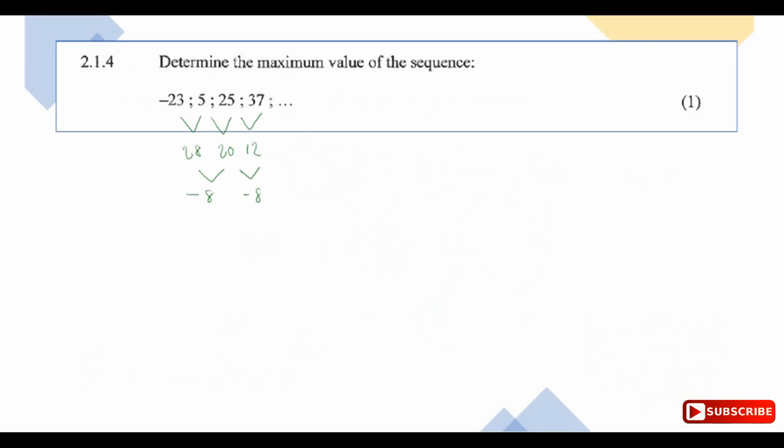Okay, so we know that we're supposed to use the Tn, which is equal to an squared plus bn plus c. We're finding the values of a and b. We know that 2a is equal to your second difference, which is -8, right? So your a is equal to -4, right? Next one is 3a plus b is equal to t2 minus t1.